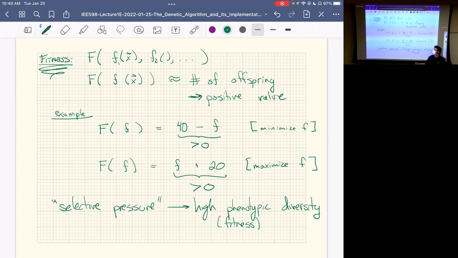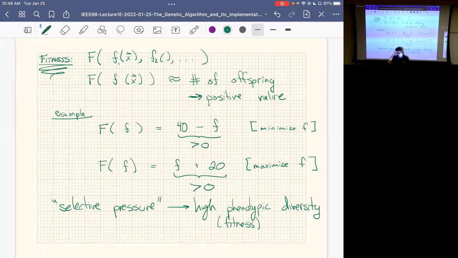And if we've designed our system well, natural selection, or artificial selection in this case, will be strong enough that hopefully we'll end up getting a dominant allele or a dominant set of alleles that do a good job either maximizing or minimizing our optimization objective.